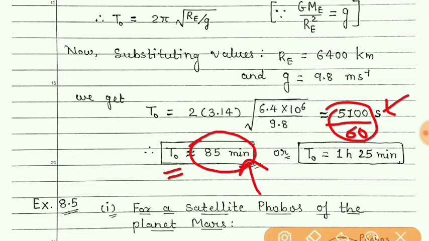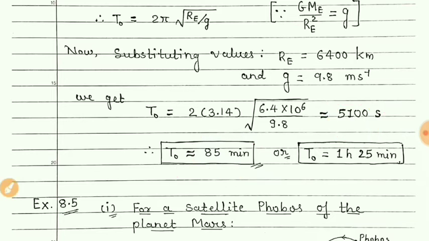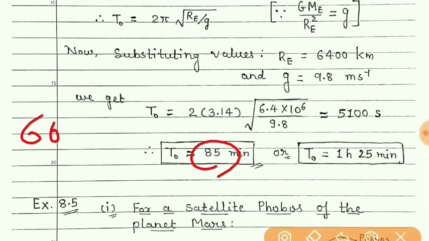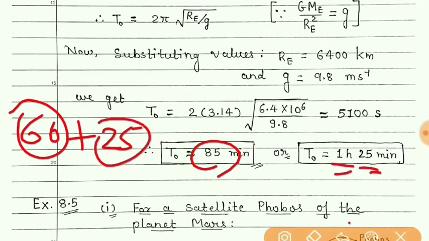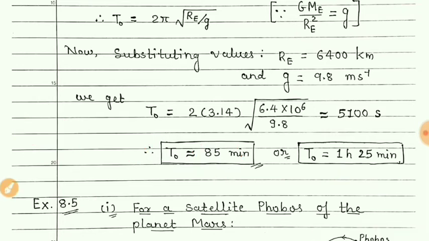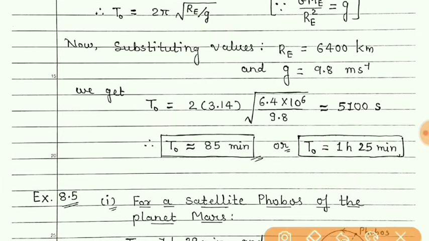And if you want to convert this to hours and minutes, then we know that 85 means 60 plus 25, but 60 minutes means 1 hour, so 1 hour and 25 minutes. So it is clear that this satellite will complete its one revolution around the earth in 1 hour and 25 minutes.